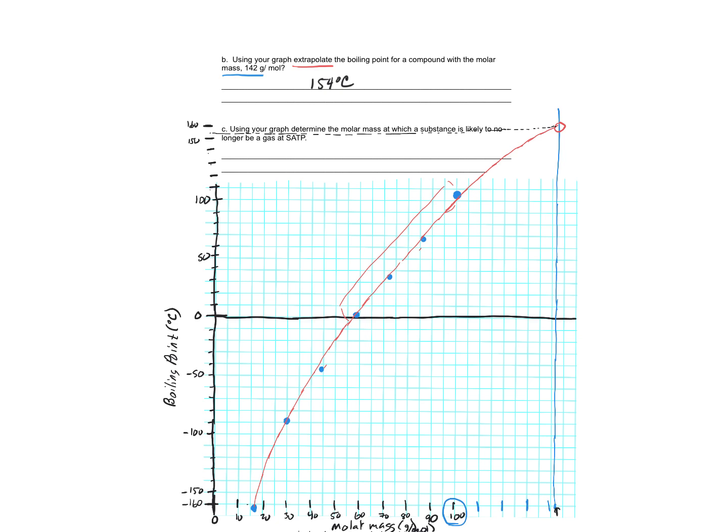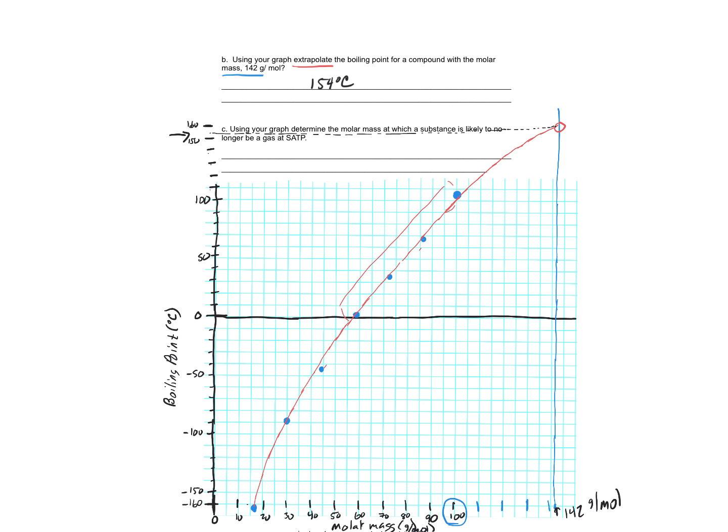This line is at 142 grams per mole. And then you're going to find where that intersects your line, depending on if your line is a curve or a straight line or whatever. And you're going to figure out where that meets up over here with your boiling point. Okay? That's it. And if you did your line slightly different, you may get a slightly different answer.